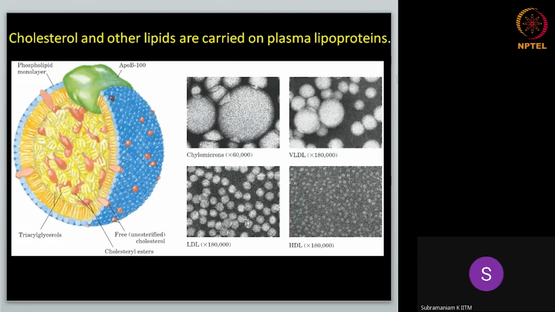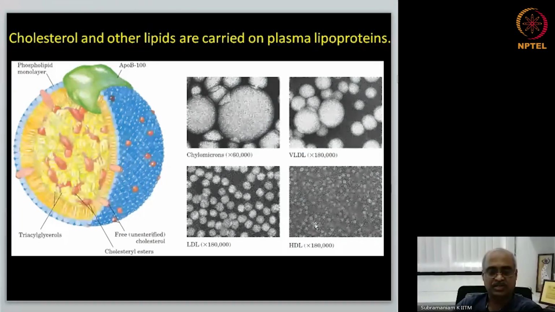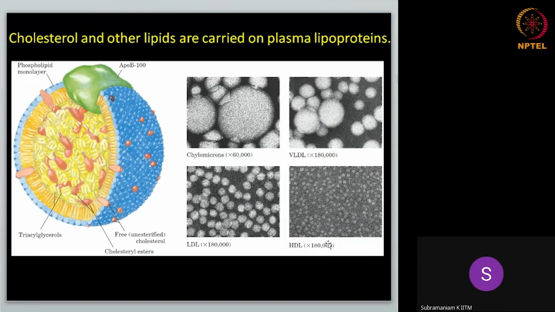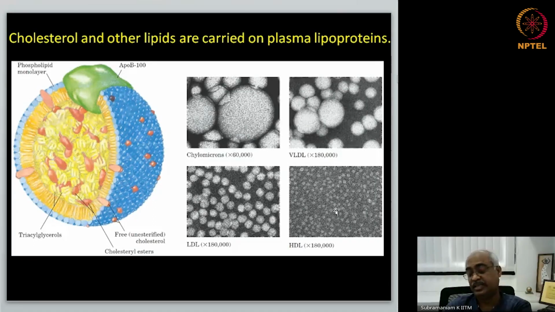So you have LDL. And another one which has really no triacylglycerols and primarily only cholesterol, but not a lot of cholesterol and more protein, they are HDLs. They are the smallest and they are the densest. So these are the four major types of lipoproteins.